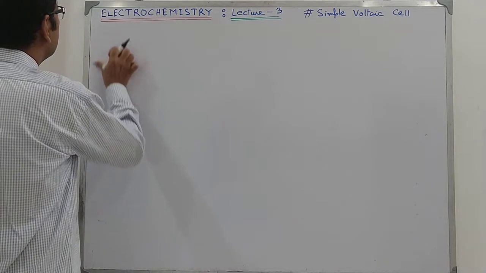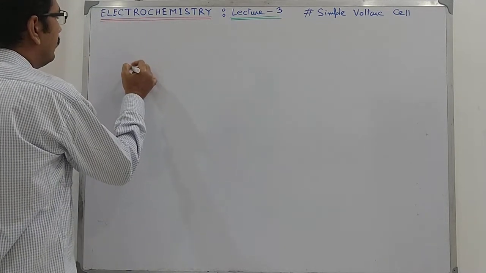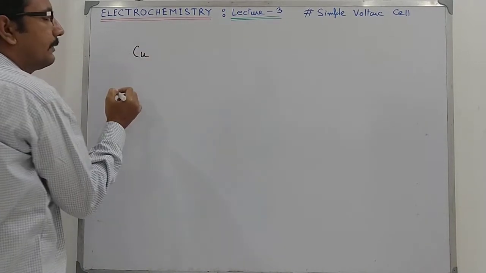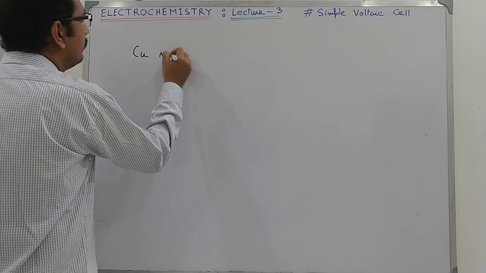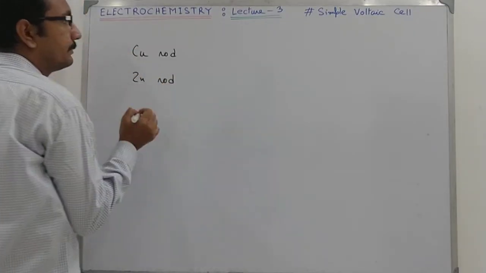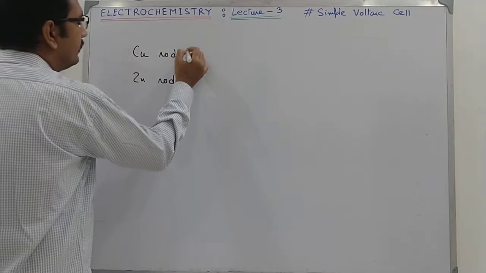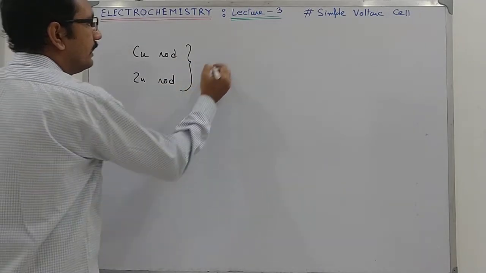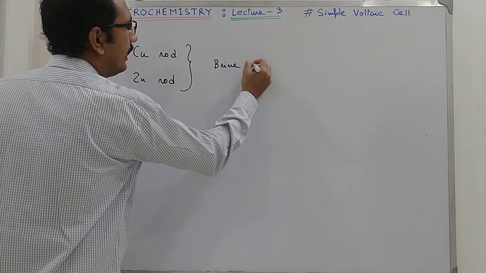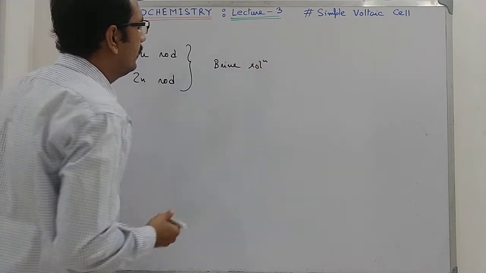Now he used a copper rod, a zinc rod, and he partially dipped these two electrodes in brine solution, that is concentrated NaCl solution.